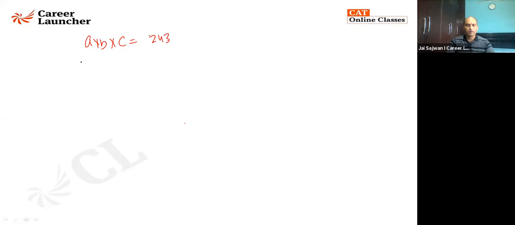Fine. Find the minimum sum of the value a plus 3b plus 3c. What is the minimum sum of this one? Of course, they cannot be negative. All of them need to be positive.